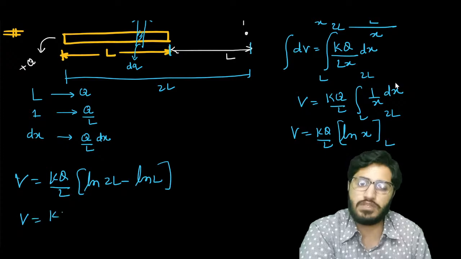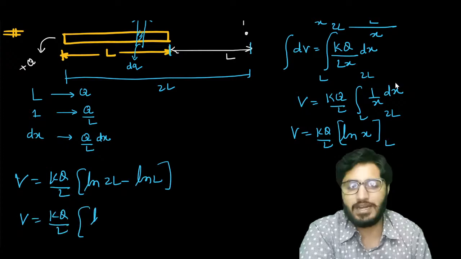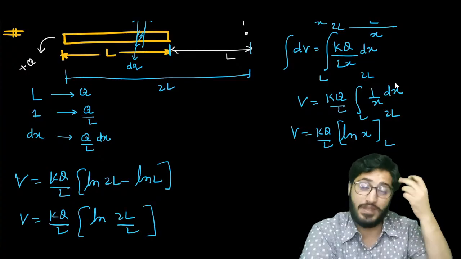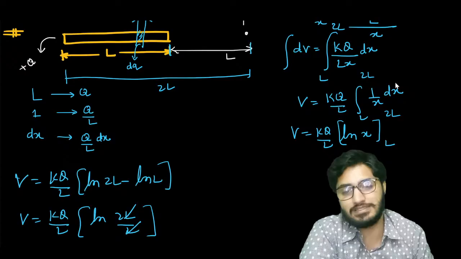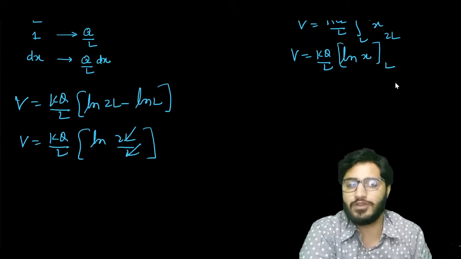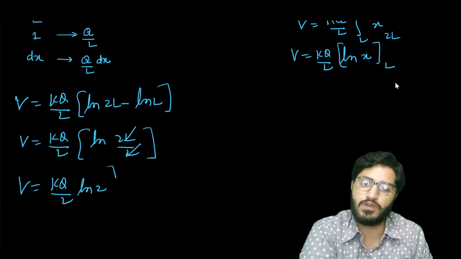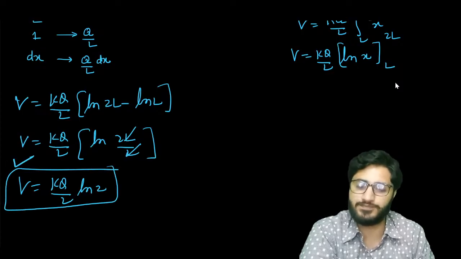V equals KQ by L, I can write ln of 2L divided by L. Okay. Log a minus log b. L and L cancel out. So V equals KQ by L ln of 2. This is my answer.